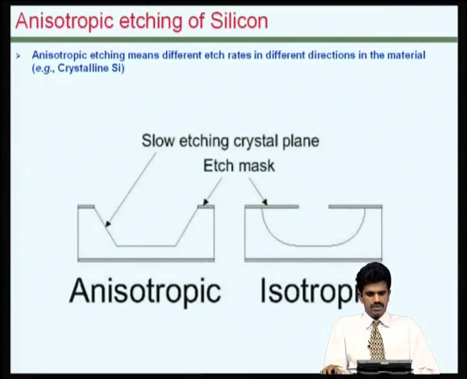As you see from here, compared to the isotropic etching, which results in rounded geometries and also what is known as undercut, which is essentially etching beneath the etch mask geometry, in anisotropic etching, if the geometries are decided well, we can ensure that there is minimal or no undercut and a continuous plane which would form the edge profile.